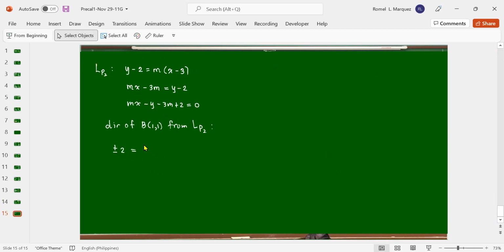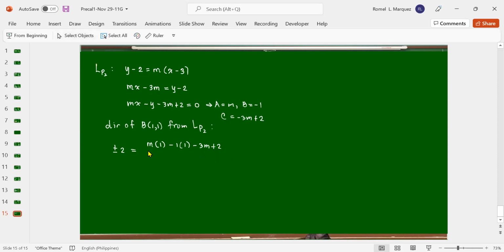equals, our A is m. Our B is negative 1. Our C is negative 3m plus 2. So A, that is m. Our x sub 1 is 1, minus, because B is negative 1, then y1 is 1. And then C is negative 3m plus 2. We will be able to get this slope, okay?